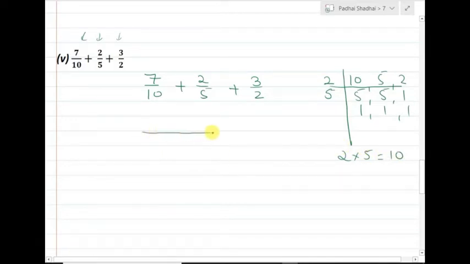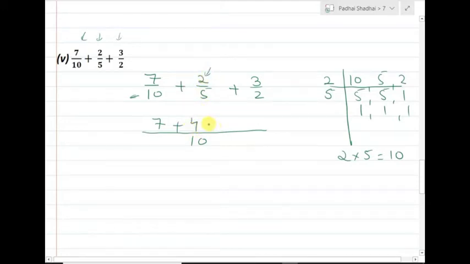Now we have to remember it again beta. We have to divide it by denominator and multiply the answer to the numerator. 10 divided by 10, that is 1. So we have to multiply 7 by 1. So 7 ones are 7. 10 divided by 5, we will get 2. And we have to multiply the answer to the numerator, that is 2 4s are 4.